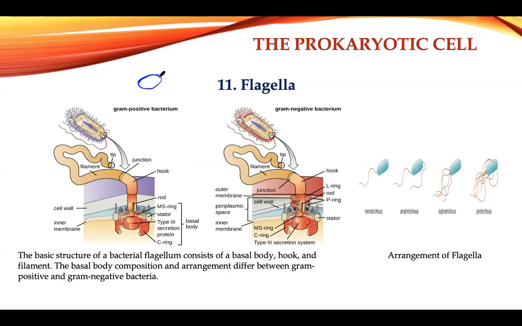If this is the plasma membrane, then outside, bacteria have one layer, the cell wall, right? So let's say this layer is the cell wall. This basal body remains inserted inside the plasma membrane, not inside the cell wall. That's a very characteristic feature of prokaryotic flagella.